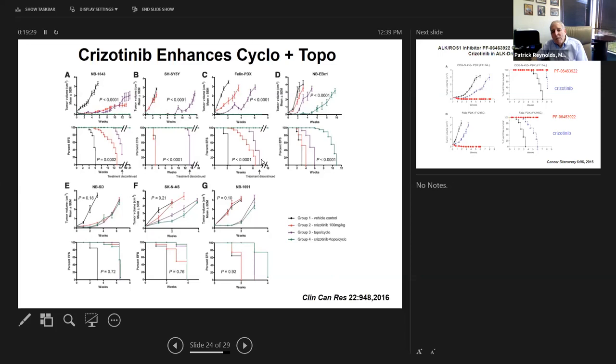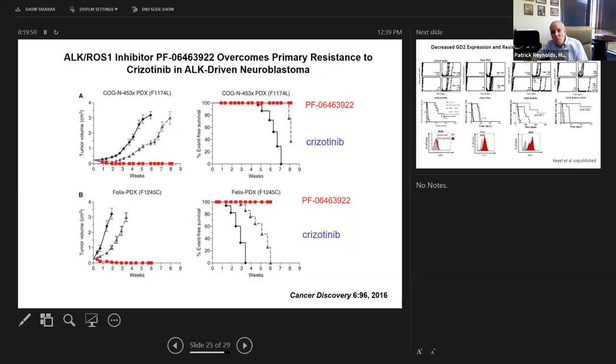What really sold me on these data was that you could take a post-mortem derived patient-derived xenograft from a patient who failed therapy with crizotinib alone and see this. It really made me think this was going to work, and we'll see if it does. That study is ongoing clinically.